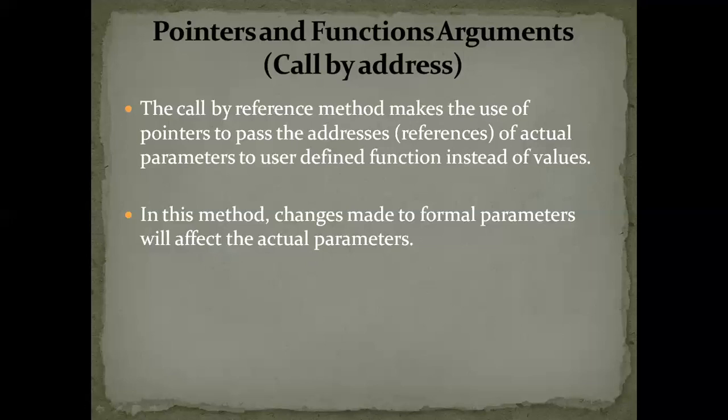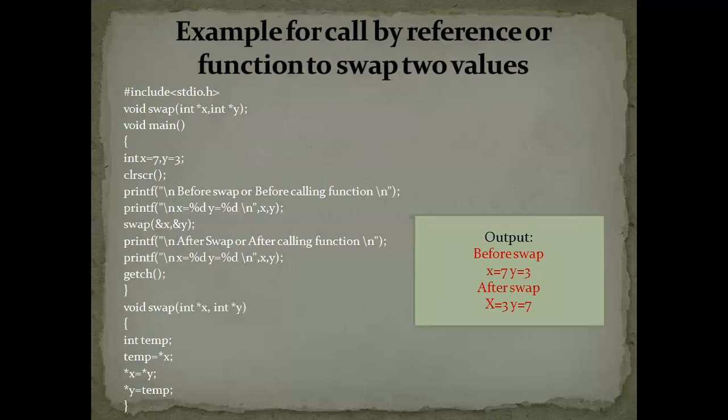We have seen what an actual parameter is and what a formal parameter is. So whatever changes we make to the formal parameters will affect the actual parameters as well. This is the example which shows how formal parameter changes affect the actual parameter.